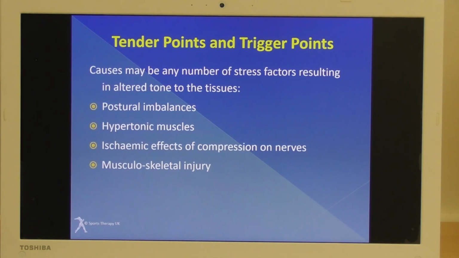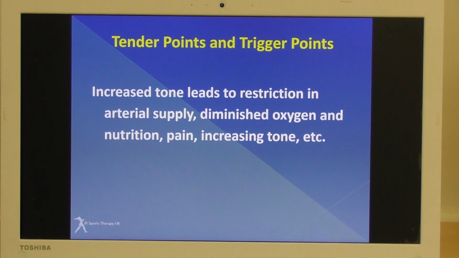Causes may be a number of stress factors resulting in altered tone in tissues. We've got postural imbalances, hypertonic muscles, ischemic effects, which have compressions on the nerves, and then we can get musculoskeletal injuries that can bring all these tender and trigger points about. So an increased tone leads to restriction in arterial supply, which will diminish oxygen and nutrients, increasing pain and increasing tone.